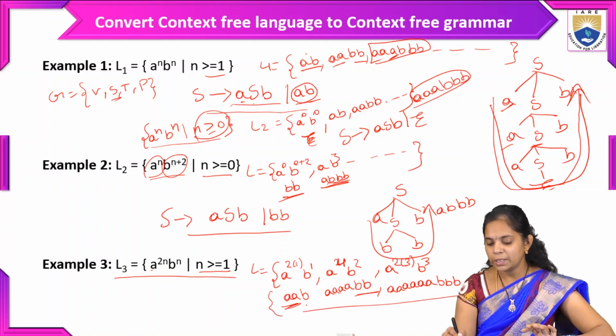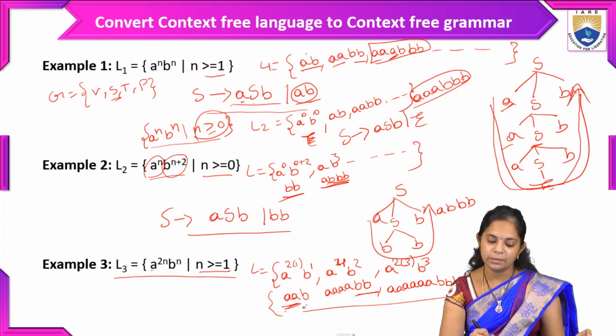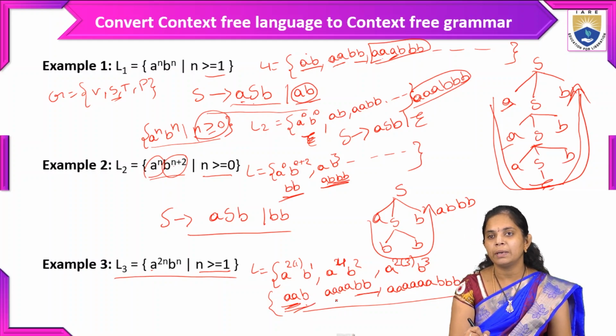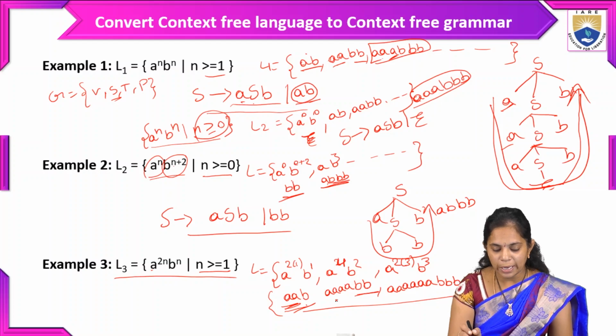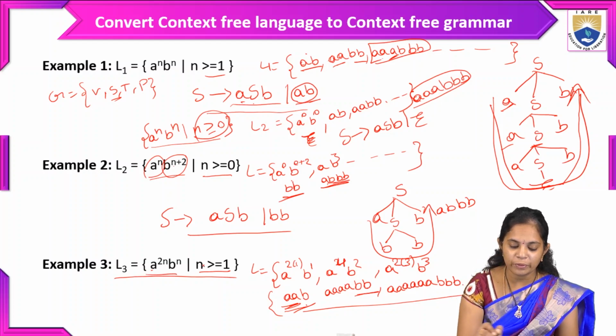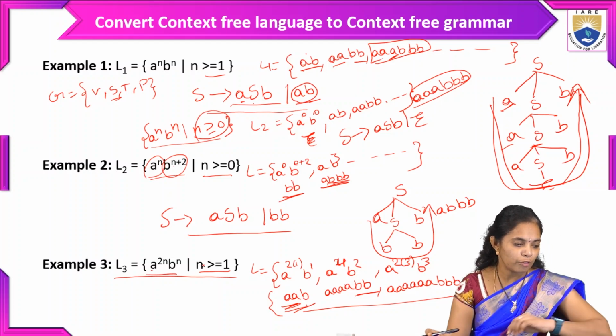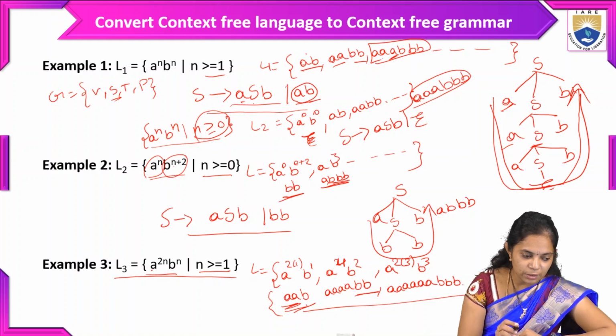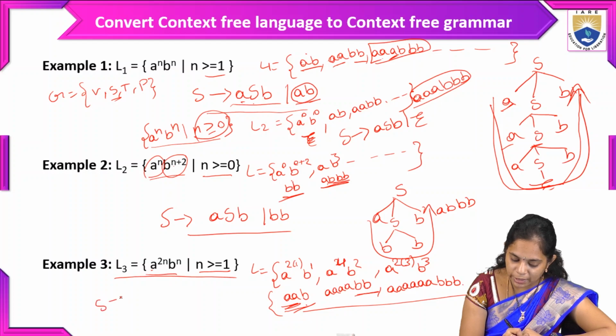So here, what is the minimum length? The minimum is double A, single B, AAB. And here also we have a number of A's followed by a number of B's. Here let me write the grammar.